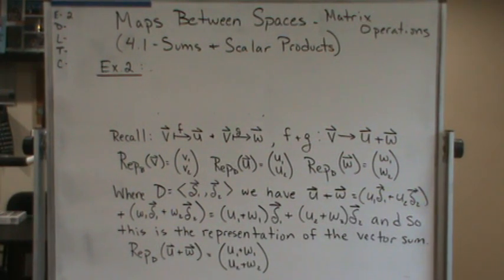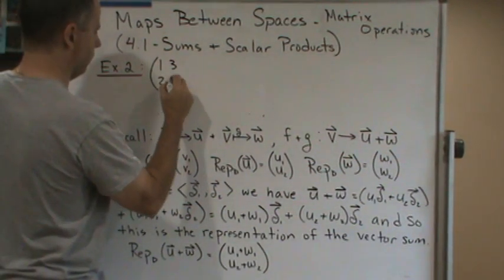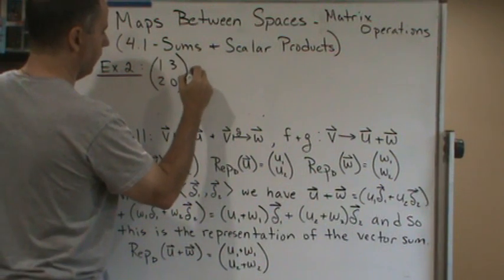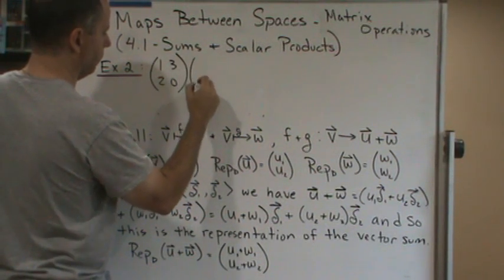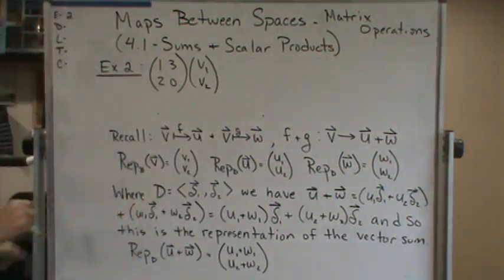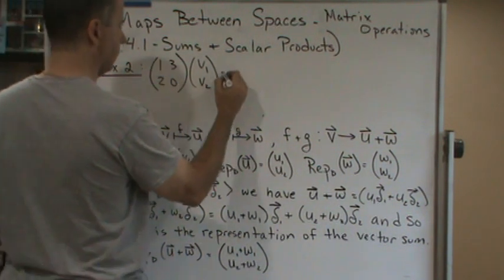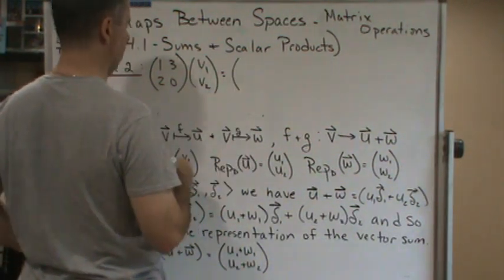So if we take the two mappings, 1, 3, 2, 0, that's going to give us what?